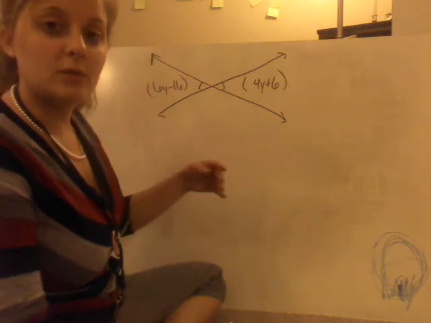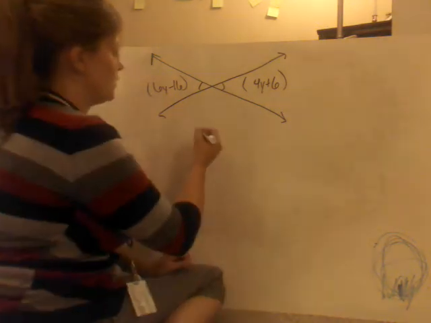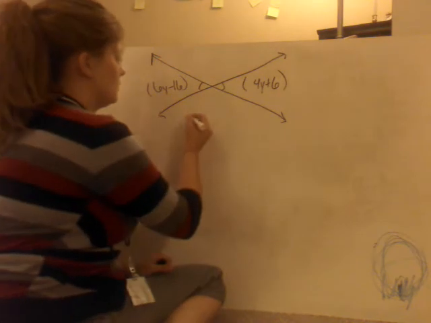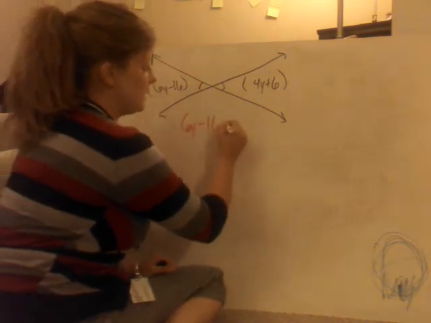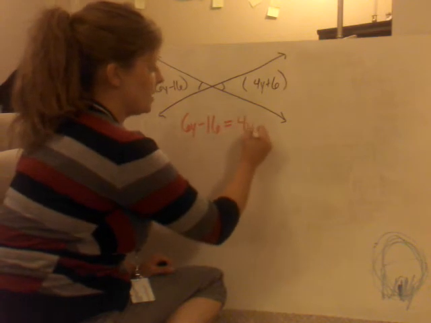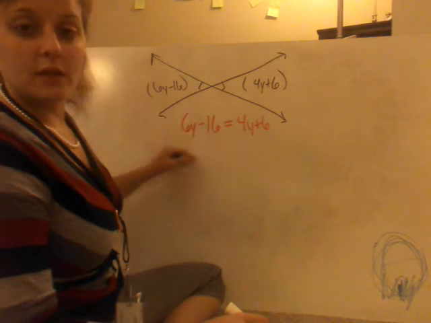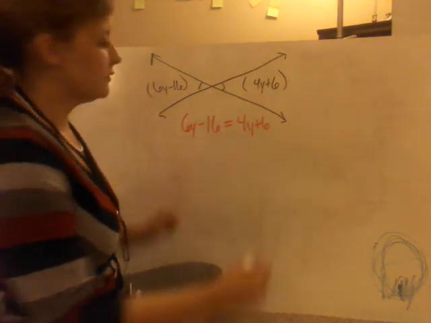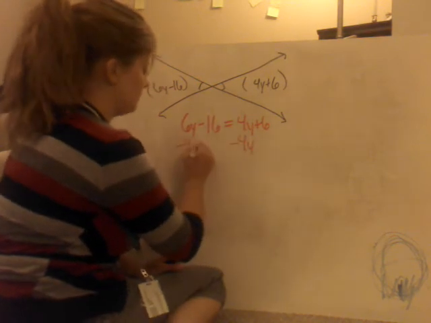If I tell you two segments are equal, we set these up the same way. So we've got 6y minus 16 is equal to 4y plus 6. I'm going to take the 4y over because I want the smaller number to move so I don't have to deal with negatives. I'm going to subtract 4y from both sides.